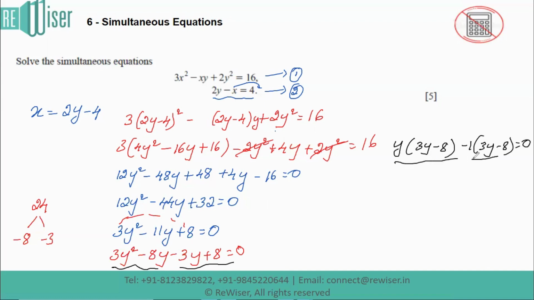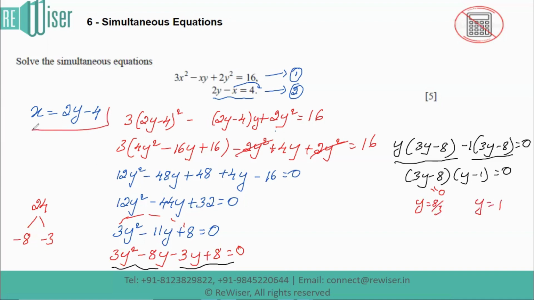Out of these two, I can take 3y minus 8 as common. So it's going to be (3y minus 8)(y minus 1) equals 0. Whenever the product of two terms is 0, we can equate each term to 0. So when you equate this one to 0, we get y equals 8 over 3, and when you equate the other to 0, you get y as 1.